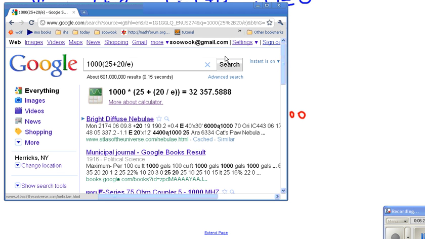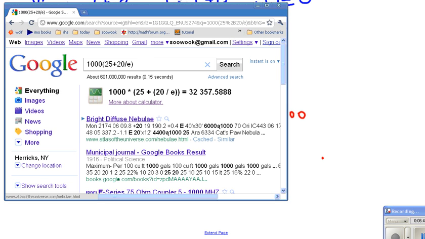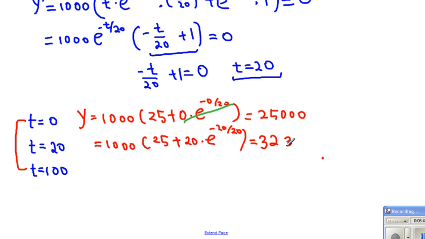I realized that it was about 32,357. So I'm going to write down 32,357.6. So that's about the value that we would have gotten.